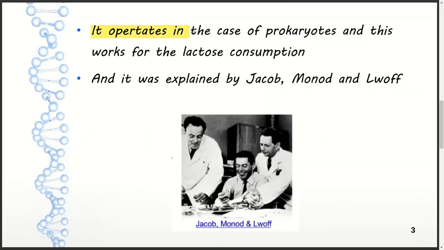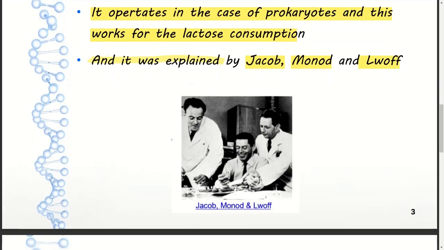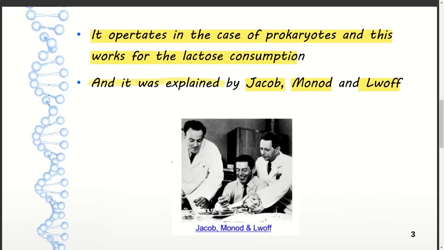It operates in the case of prokaryotes, and this works for lactose consumption. And it was explained by Jacob, Monod, and Wolff, and as you can see, the picture of the three of them is down there.